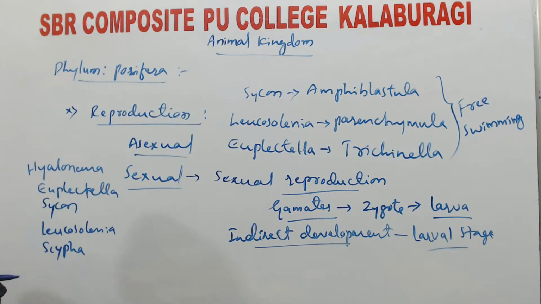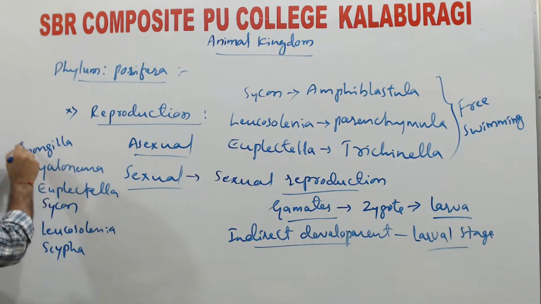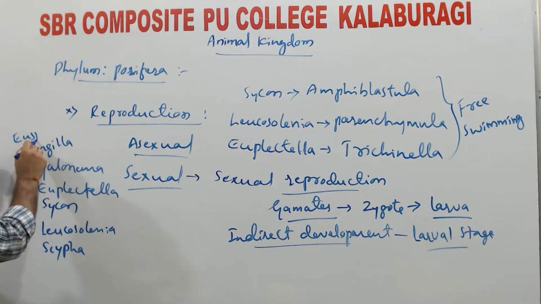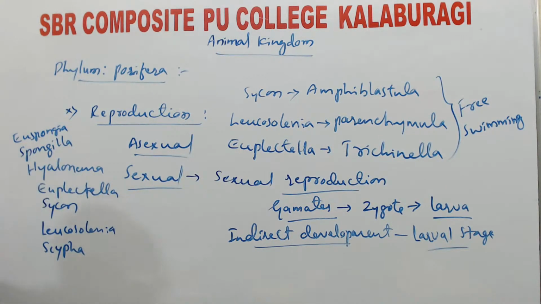So these are some examples. Apart from that, Spongilla and Euspongia are also examples of poriferans.